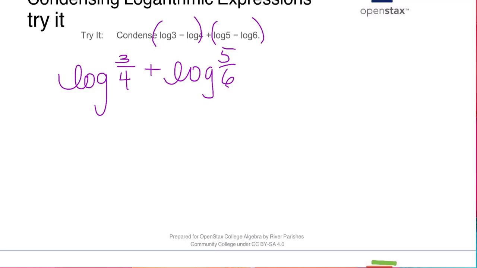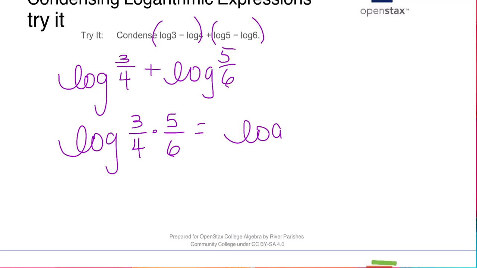Okay, so now this is addition, so we can write that as one log base 10 of 3/4 times 5 over 6. And we can actually just multiply that out. So log base 10, you can multiply across and get 15 over 24, which you would reduce to 5/8.